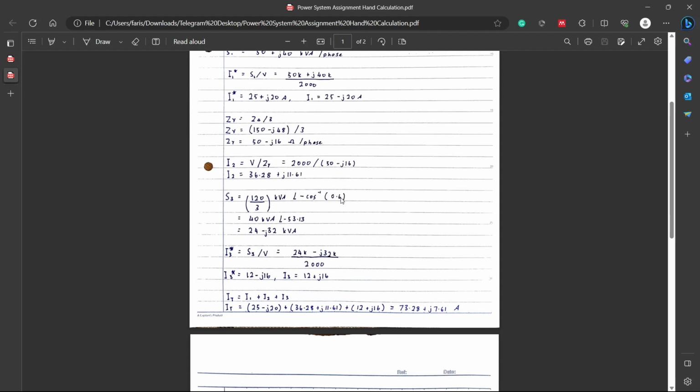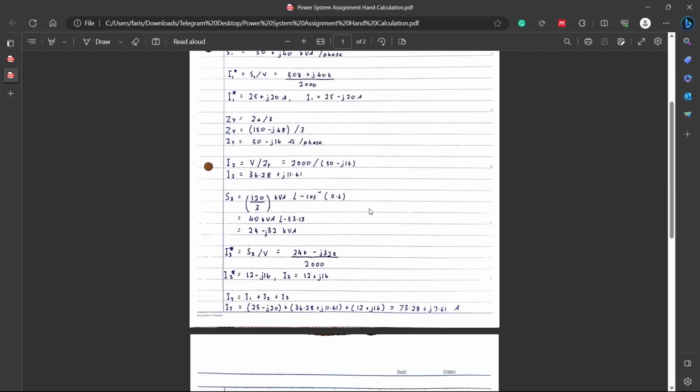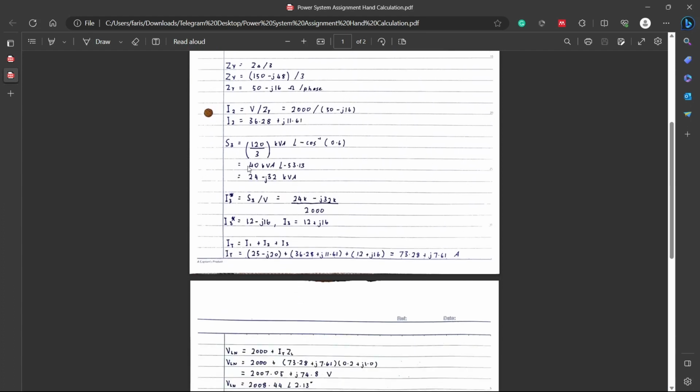So 0.6 is our power factor, and here we use negative cos because it says that the power factor is leading. After the calculation, we get 40 kVA, angle negative 53.13, and the final answer is 24 minus j32 kVA.